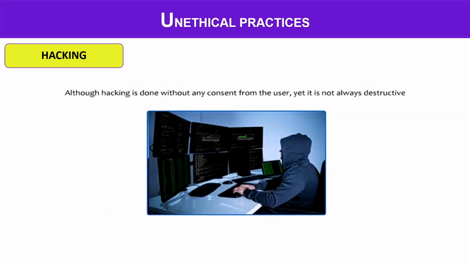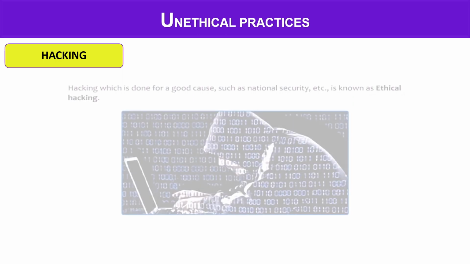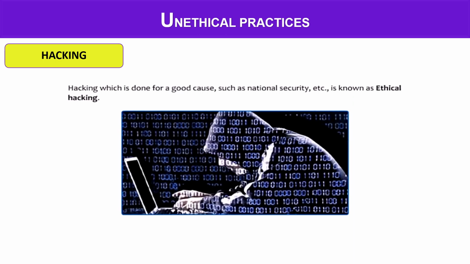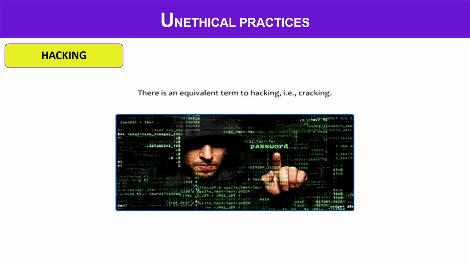Although hacking is done without any consent, means permission from the user, yet it's not always destructive. Hacking, which is done for good cause such as national security, etc., is known as ethical hacking. The purpose of ethical hacking is to evaluate the security of the system or network. There is an equivalent term to hacking, that is cracking.